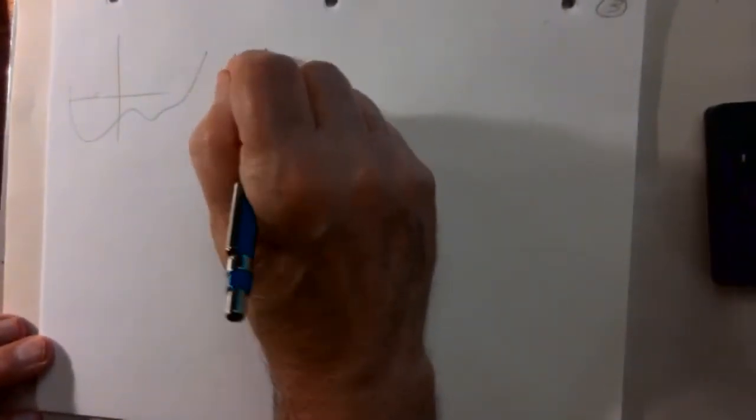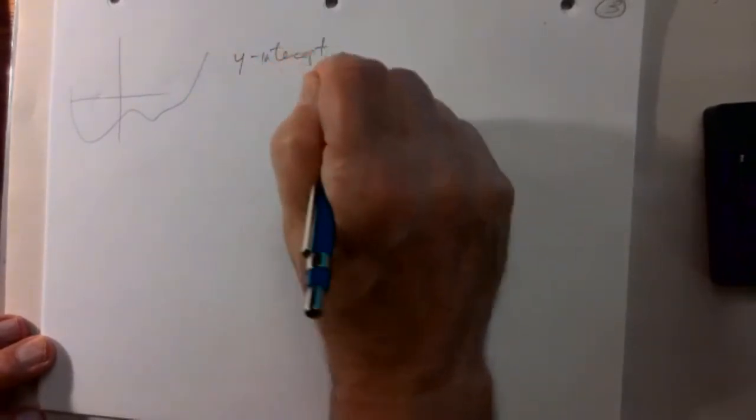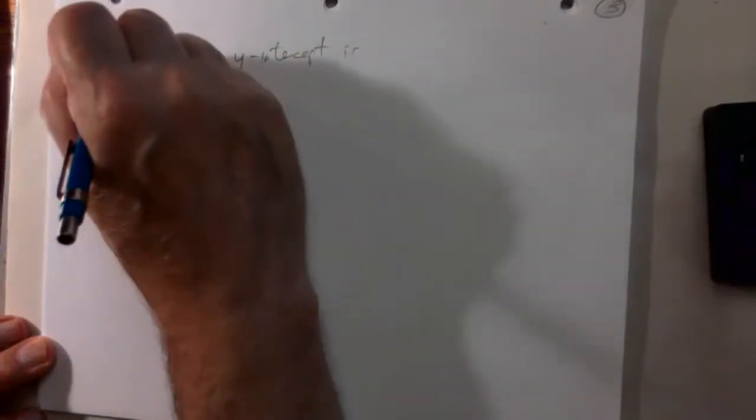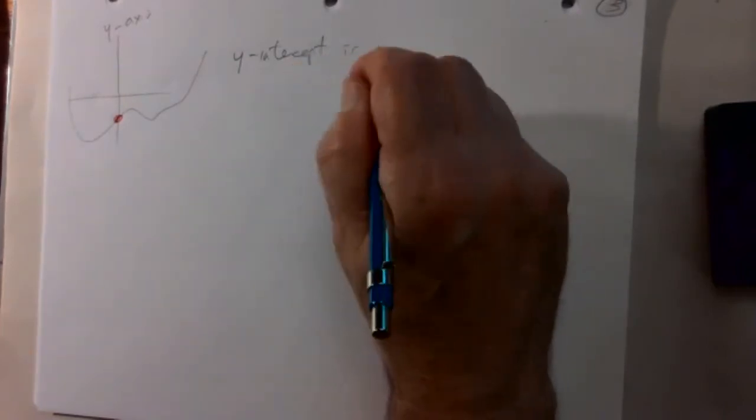We also have, if this is a function, what is called the y-intercept. So a y-intercept is where the function crosses the y-axis. Here's the y-axis, and a function, well, if it crosses the y-axis, it crosses it at most one point. So for a function that's y equals f of x, you can never have more than one y-intercept.